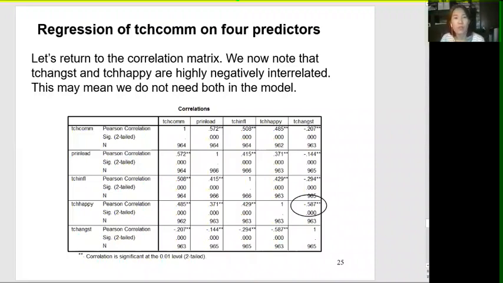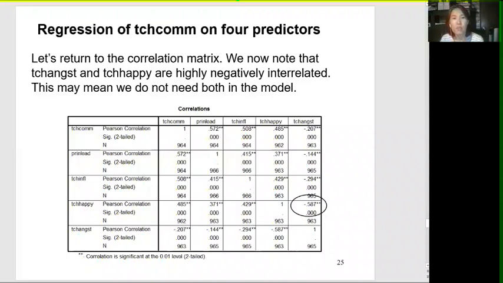Let's return to the correlation matrix. We now know that teacher anxious and teacher happy are highly negatively interrelated. Yeah, multicollinearity. So you want to remove one from the other. I mean, you have to choose one between two.